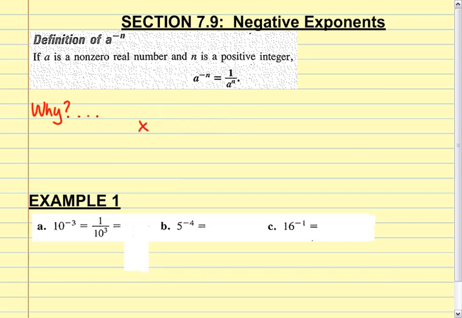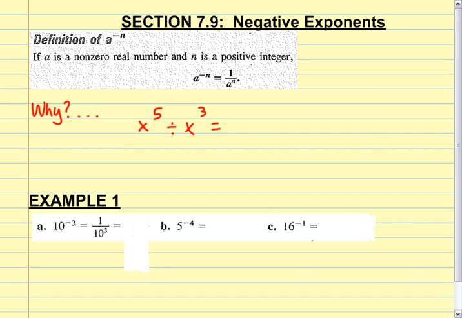X to the 5th divided by x to the 3rd is equal to what? Anybody? What do you think, Sophia? Bella?